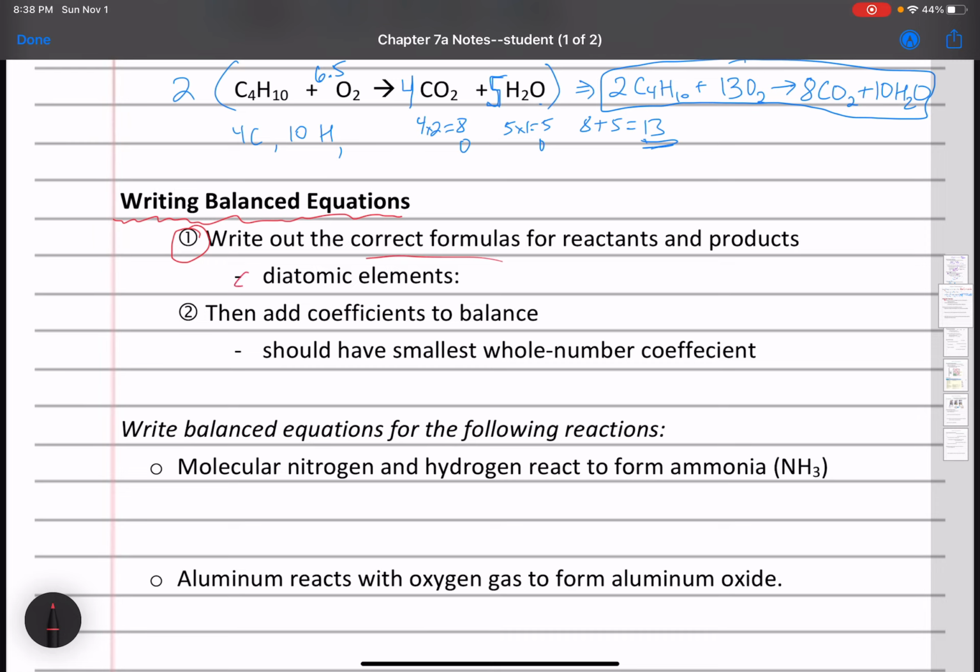Another one to note that we haven't explicitly talked about yet are the diatomic elements. And these you should memorize, and there's a nice handy-dandy mnemonic for it, and it is Hofbrinkel.